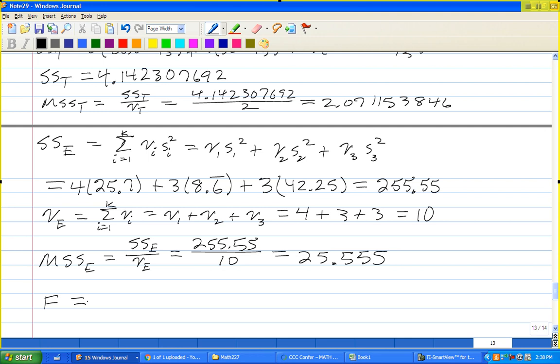And then lastly, F. F is just the ratio. So you just take those two numbers and divide them.